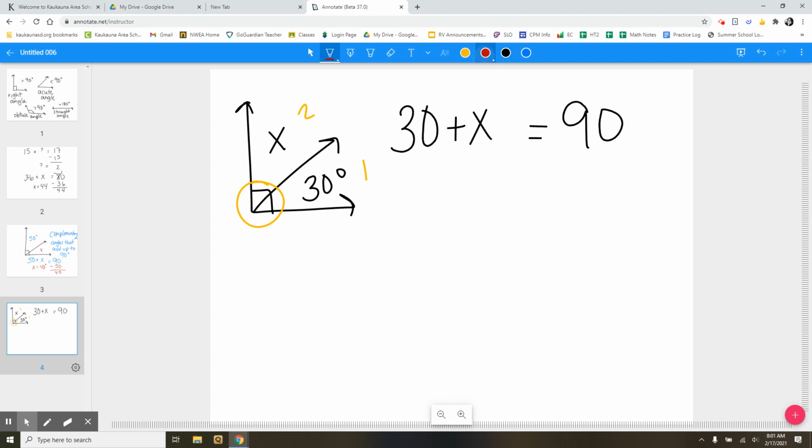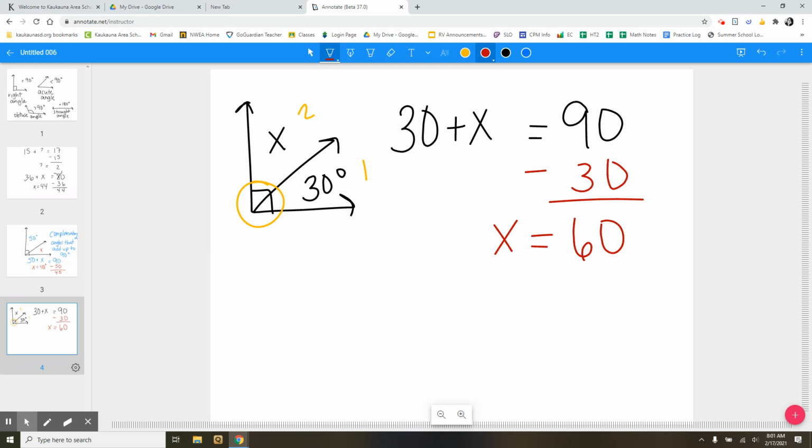Again, we can always use the strategy of 90 as my end goal, so I can take away the piece that I know. So 90 minus 30 gives us that 60 degrees. So I know that that missing angle, in order to form a complementary pair, is going to be 60 degrees.